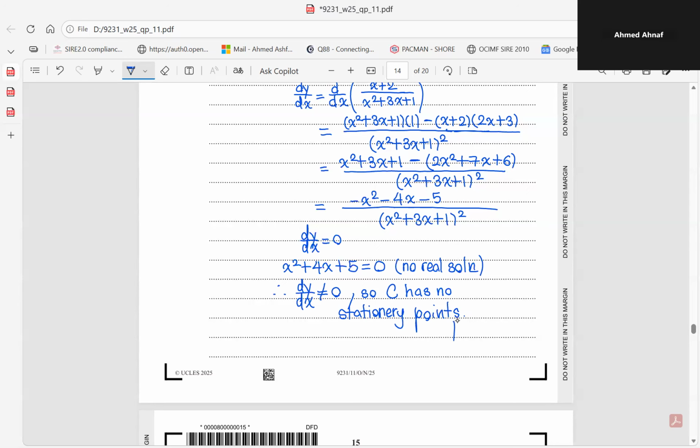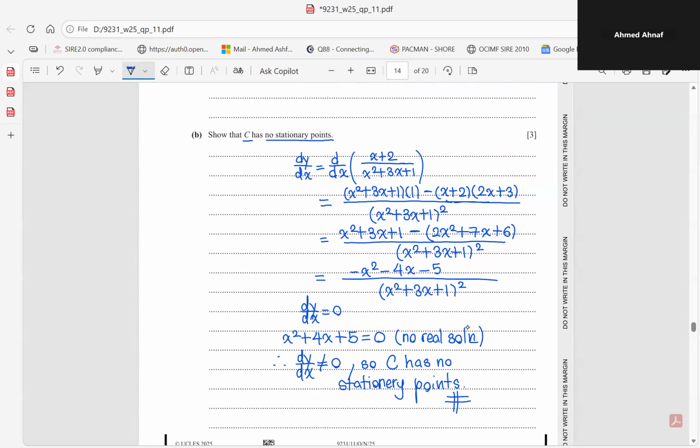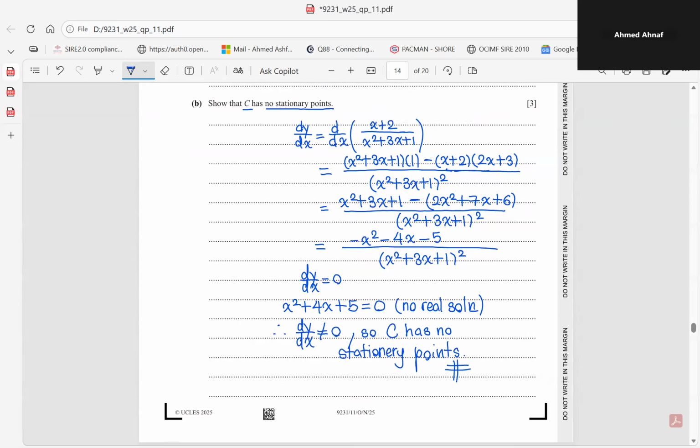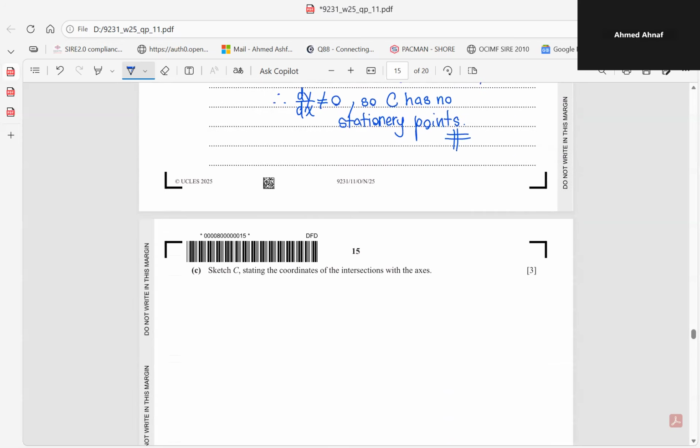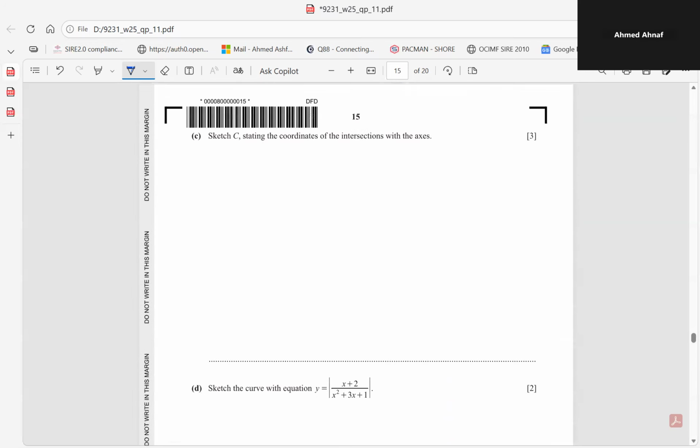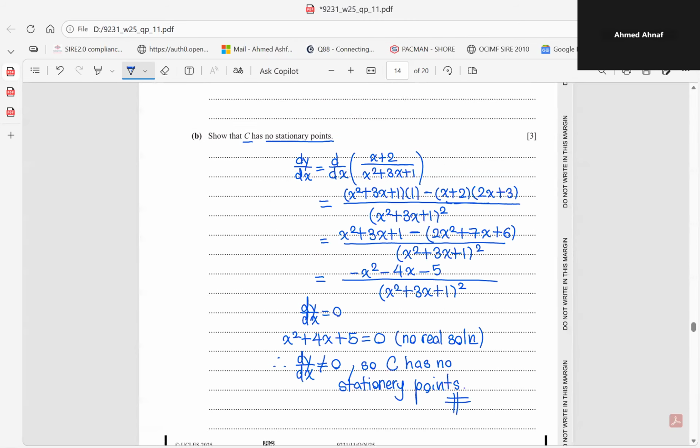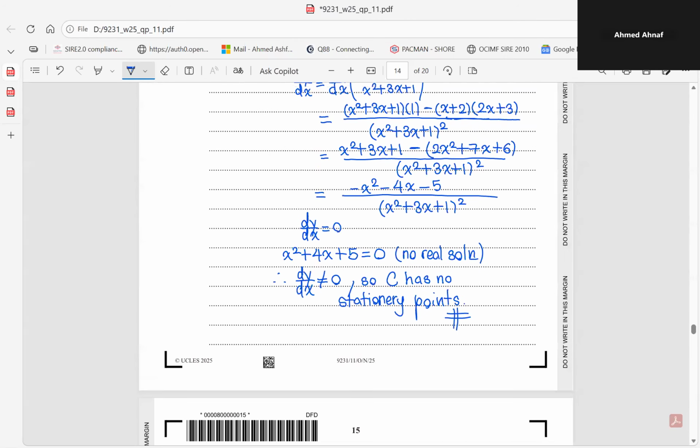So this would be our final answer for this second part. Let's move on to the next part. Okay, so before I start with this part, to make your reasoning stronger, you could use the discriminant for this.